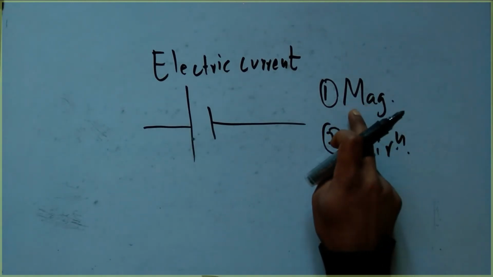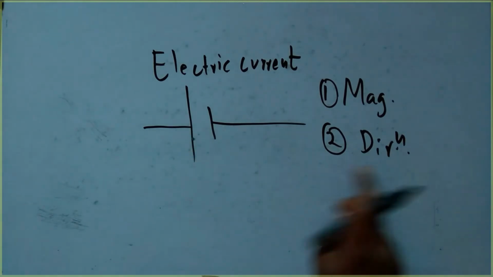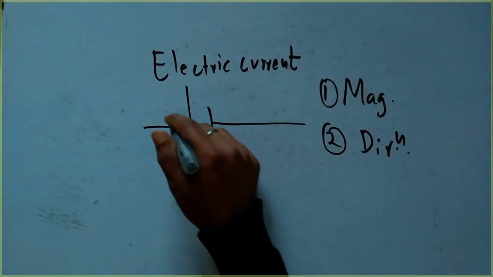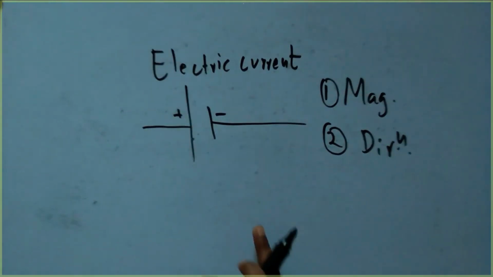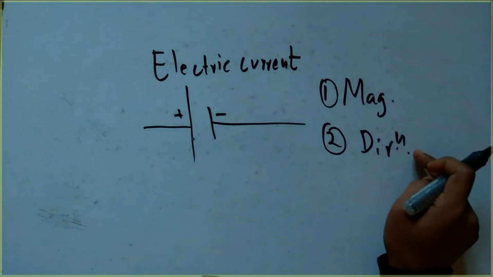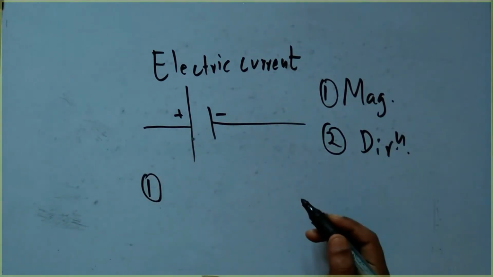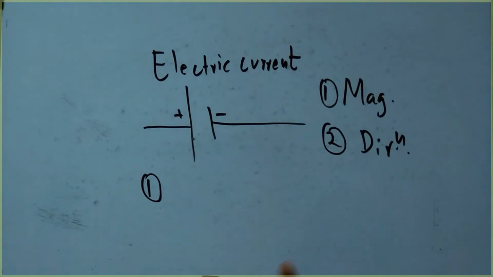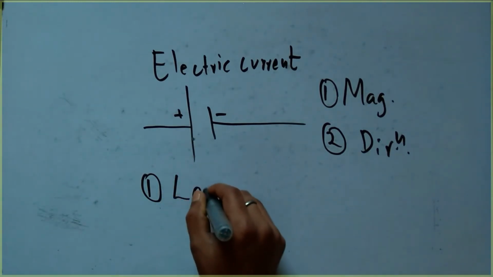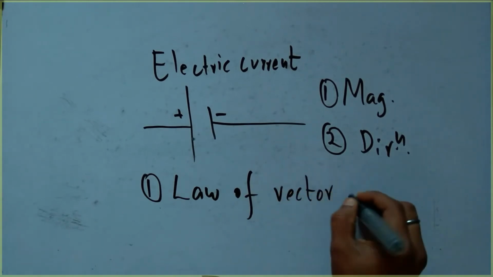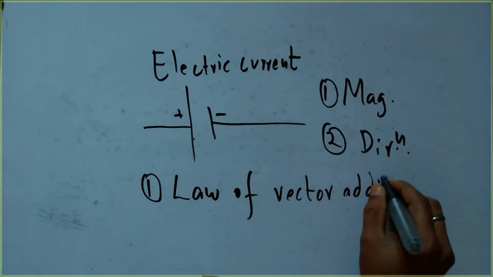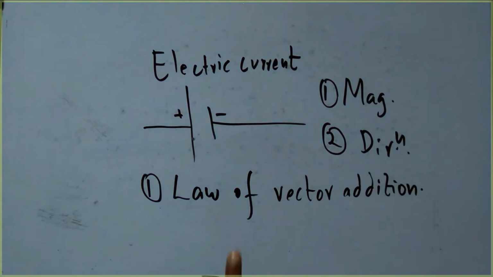So if it has magnitude and direction, which is from this terminal to this terminal, why is it not a vector quantity? Well, electric current has magnitude and direction, but it doesn't follow the important law of vector addition. In order to be a vector quantity, it has to follow the law of vector addition.